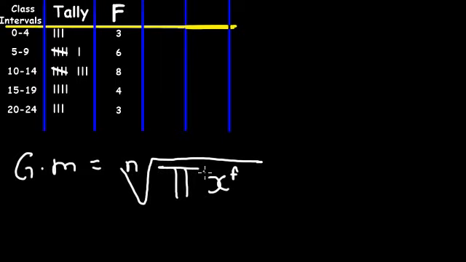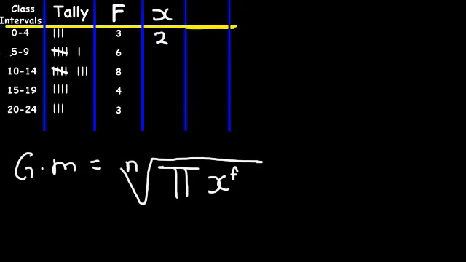So this simply means we need the value of x. However, x is not given in the table, only the class interval is given. So what can we do to find the value of x? Well, all you need to do is just add the two limits of the class interval and divide by 2 respectively. So 0 plus 4 is 4, divided by 2 is 2.